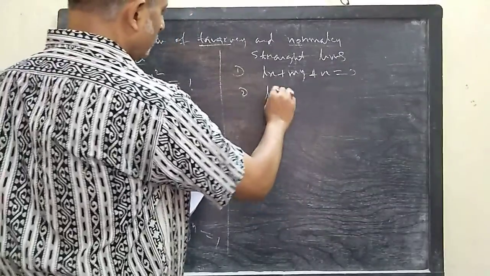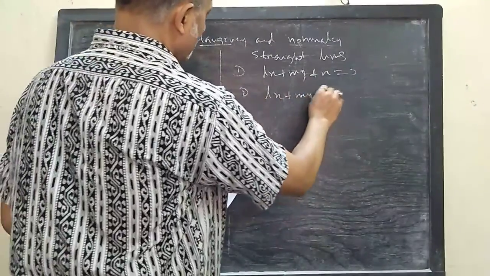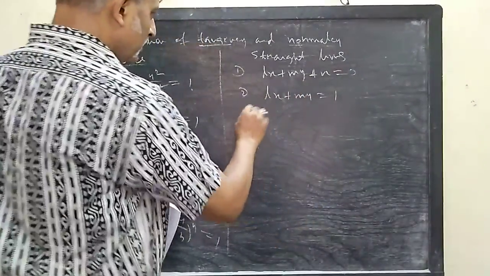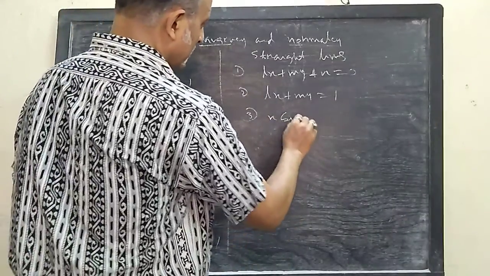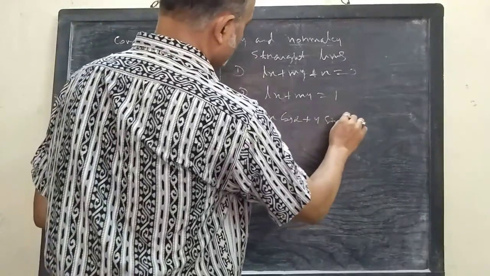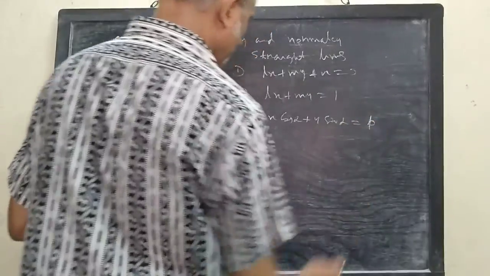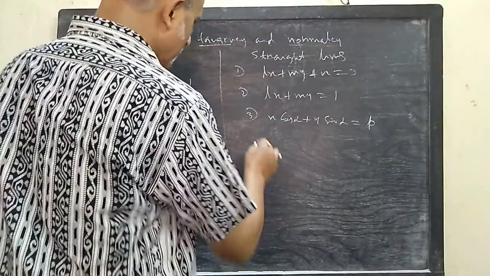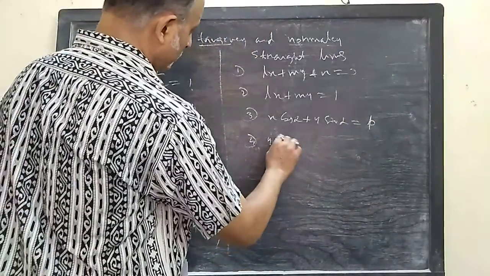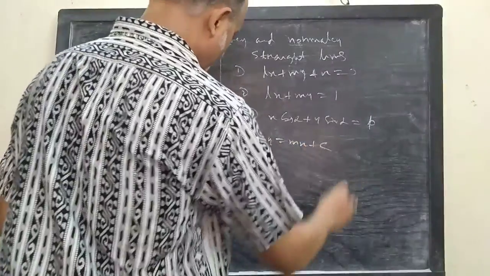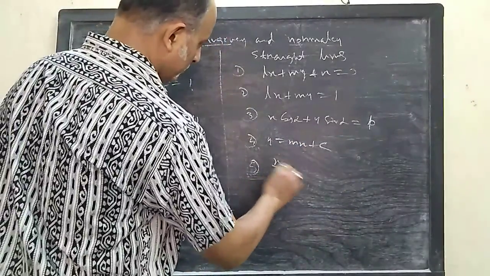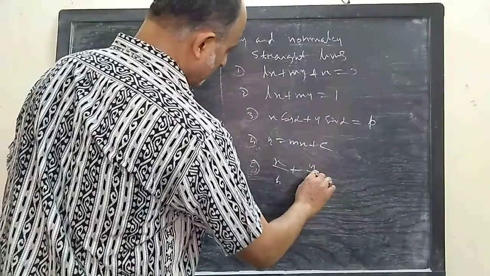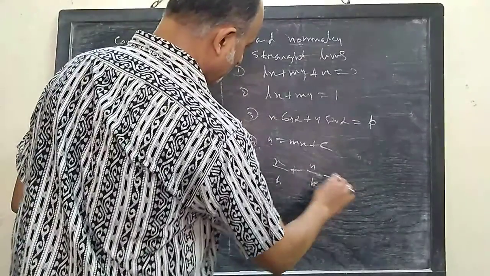Sometimes it is of the form Lx plus My equals 1. Sometimes x cos alpha plus y sin alpha equals p, that is the normal form of a straight line. Sometimes y equals mx plus c. Sometimes x by h plus y by k equals 1.